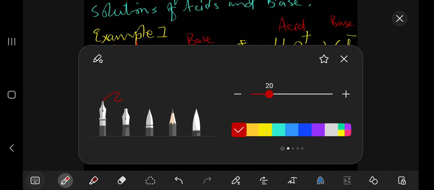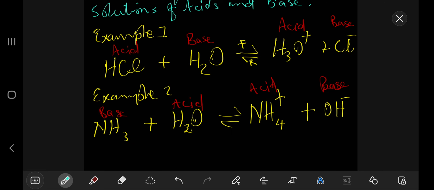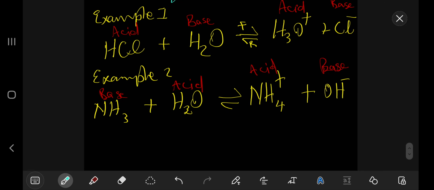Now check the first reaction. If you look at the first reaction, or the example 1 reaction, we have water classified as a base, but in the second example we have water classified as an acid.